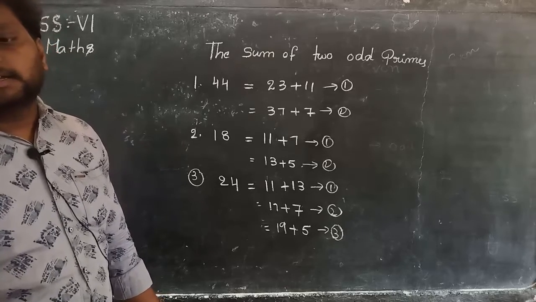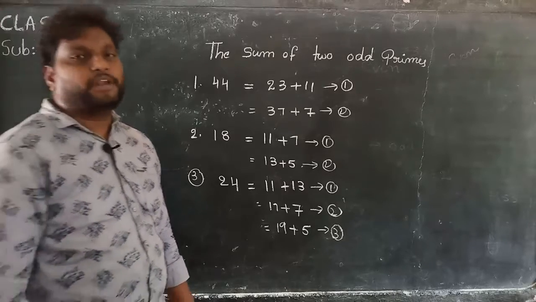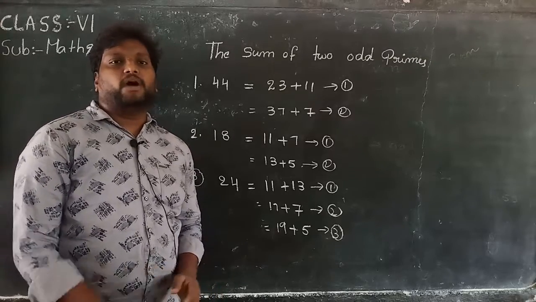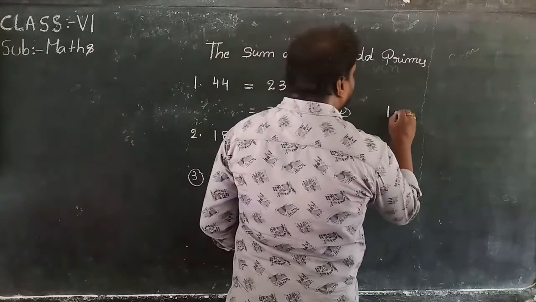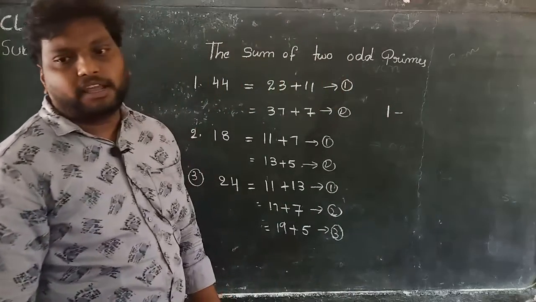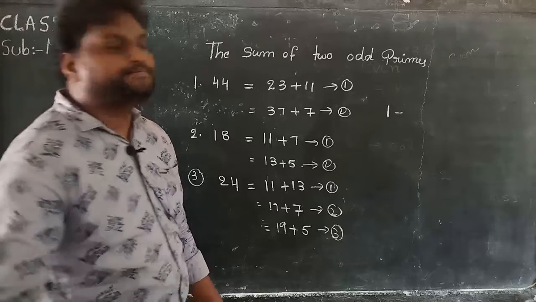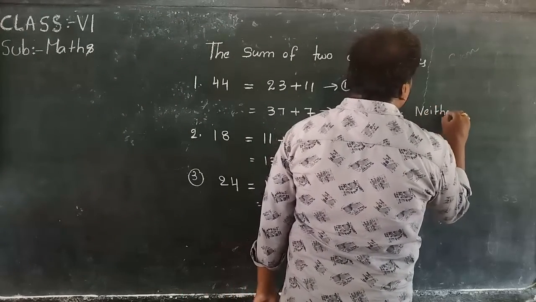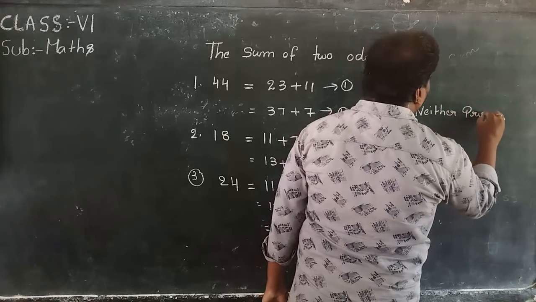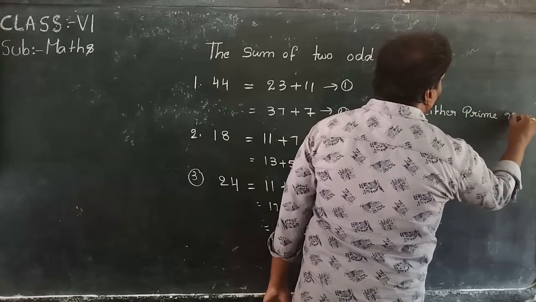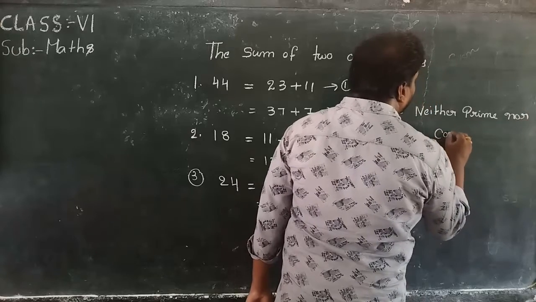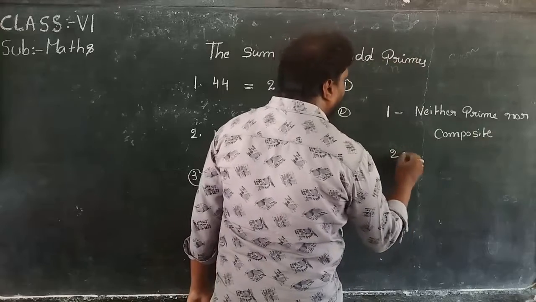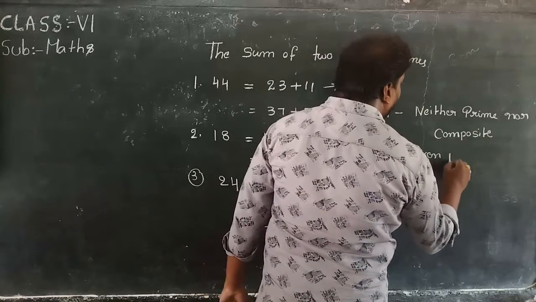Okay, in that there are some more blanks also. The smallest even prime number: we already discussed that the smallest even prime number is 2. And 1 is not a prime number nor a composite number, 1 is neither prime nor composite. And 2 is the even prime number.